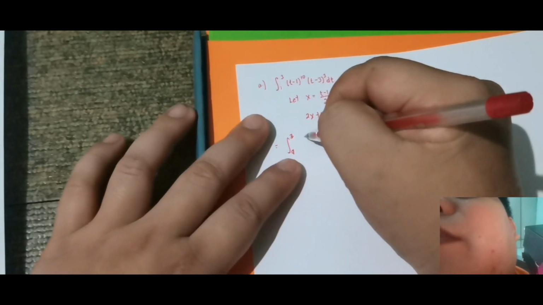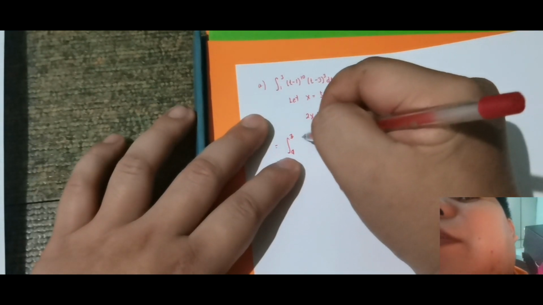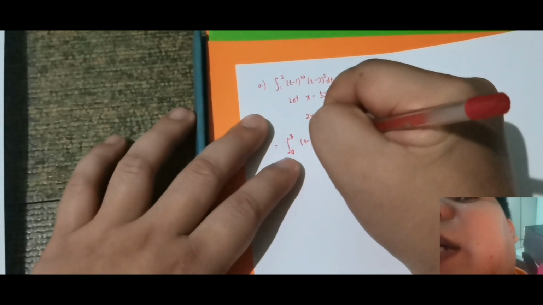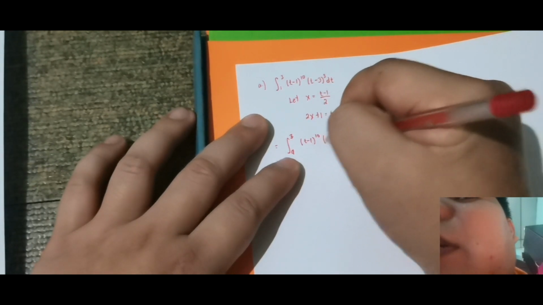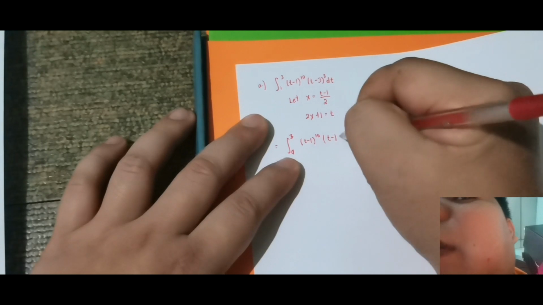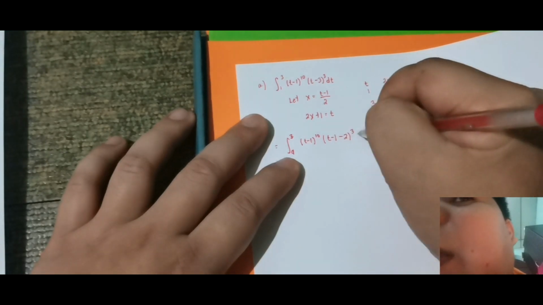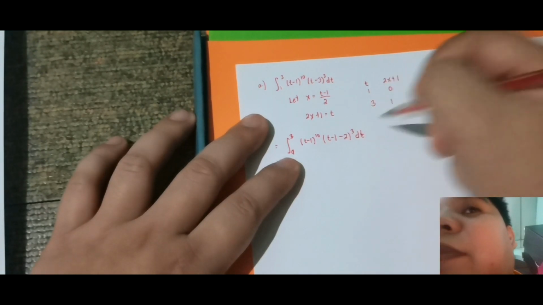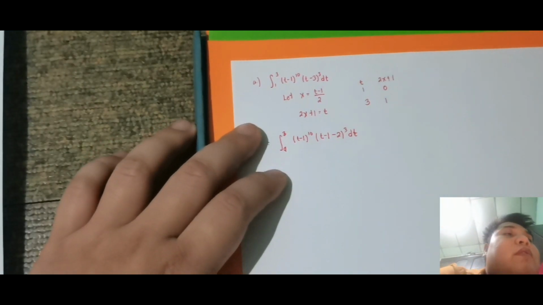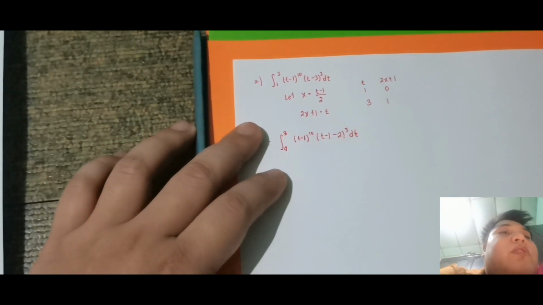Okay, so gagawin ko, this is t minus 1 raised to 10. Tapos ang gagawin ko dito, we have t minus 1 minus 2 raised to 3 dt. Okay, so gagawin ko siyang ganun.